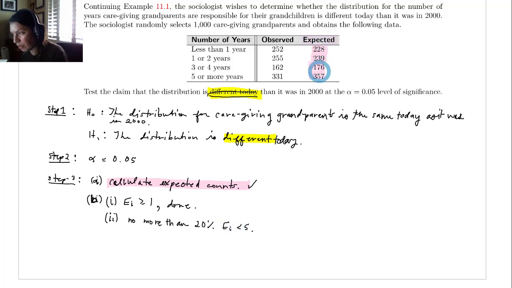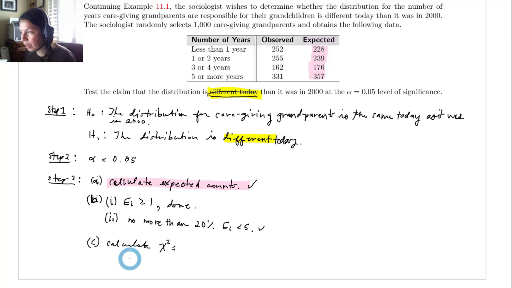Well, none of them are less than 5, so we're okay there too. So most likely they're always met. And C is we're going to go ahead and calculate the chi-square test statistic, and we're going to do that in the calculator.